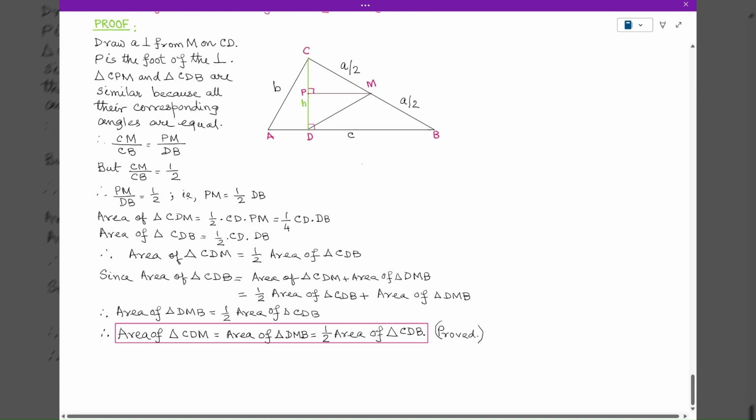Hence, area of triangle DMB is equal to half area of triangle CDB. So, we have proved that area of CDM triangle is equal to area of triangle DMB is equal to half area of the triangle CDB, which is the final proof.